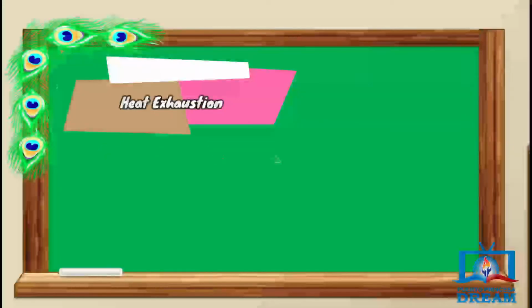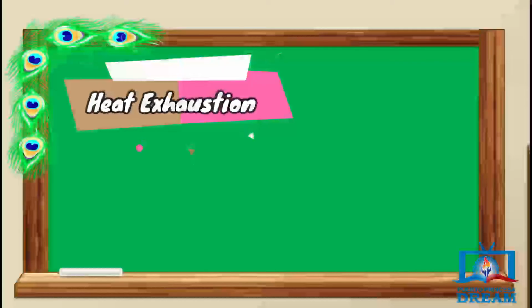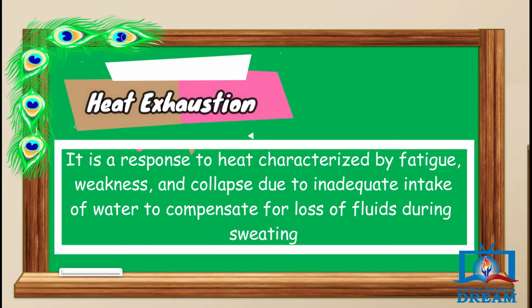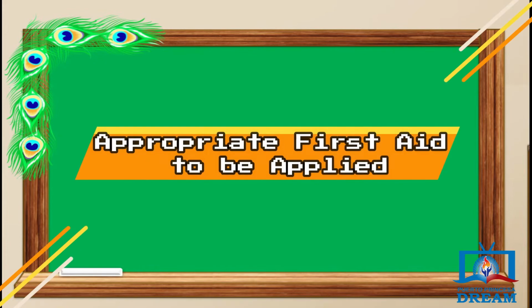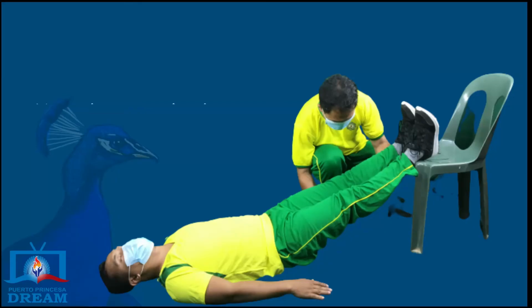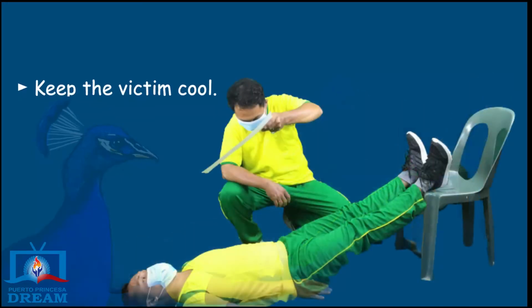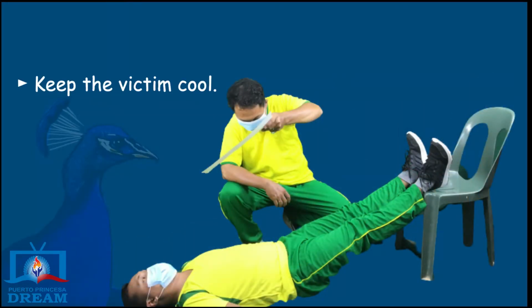Number 2. Heat exhaustion. It is a response to heat characterized by fatigue, weakness, and collapse due to inadequate intake of water to compensate for loss of fluids during sweating. Appropriate first aid. Have the victim lie down with his or her feet elevated. Keep the victim cool.